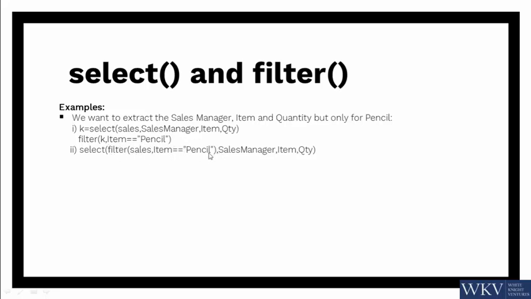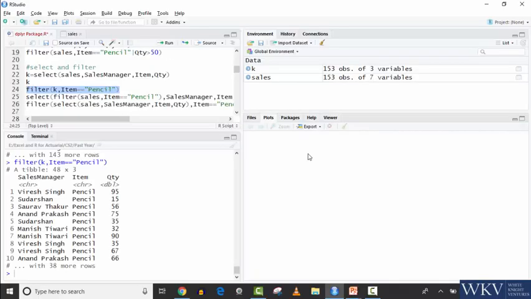So the data set that will come out over here is the sales data with all the columns, but only those rows where item is pencil. And then we will select from this data set only the 3 columns sales manager, item and quantity, so that the end product has only those rows where item is pencil and only those columns which are sales manager, item and quantity. So you can see here we got 48 rows with 3 columns.